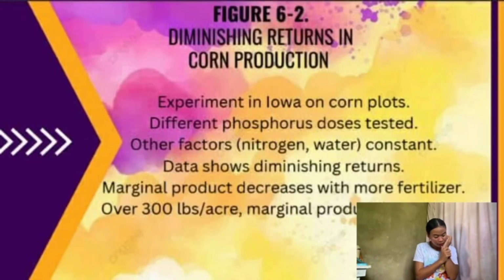So mao ni si diminishing return in corn production. So mao na siya, if more labor ang imong i-hire, mas ma-overcrowd ang gamay nimo nga land, so maglisod siya og produce og daghan kay dili naman makalihok ang kanang ubang labor kay syempre daghan na kaayo ang labor.